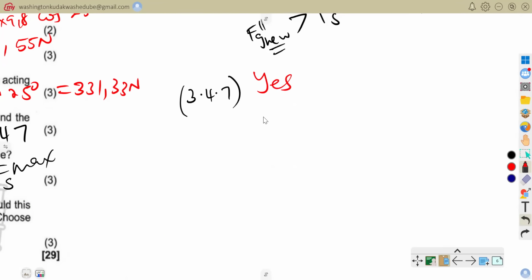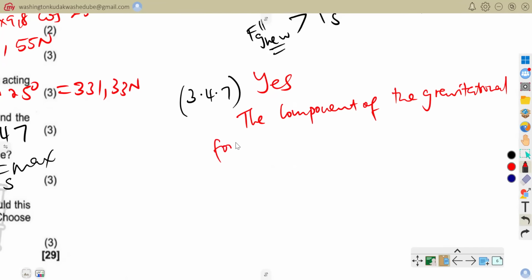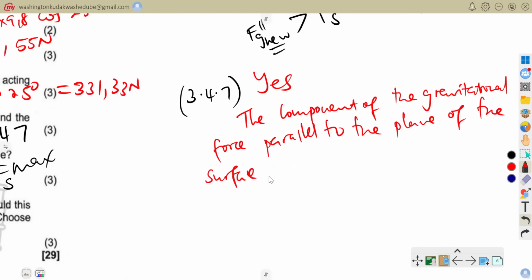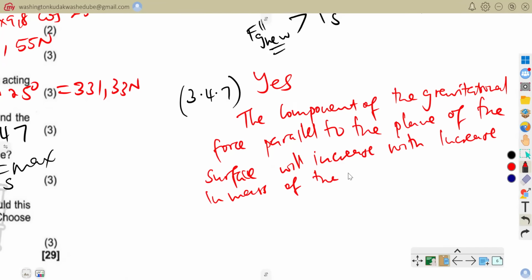And then you would say that the component of the gravitational force parallel to the plane of the surface will increase with increase in mass of the object.